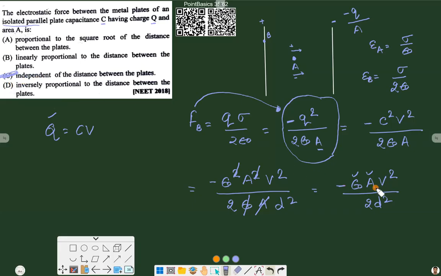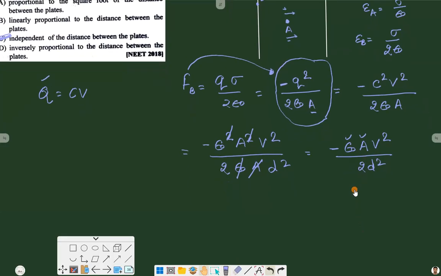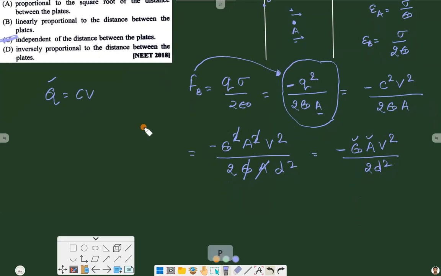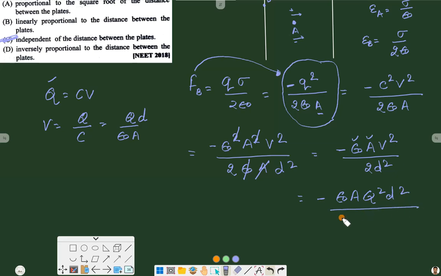And we can also modify this relation. We use V is equal to Q by C, and C is epsilon naught A by D. So we use this here: minus epsilon naught A V square, so it is Q square D square by 2D square as it is, and epsilon naught square A square.